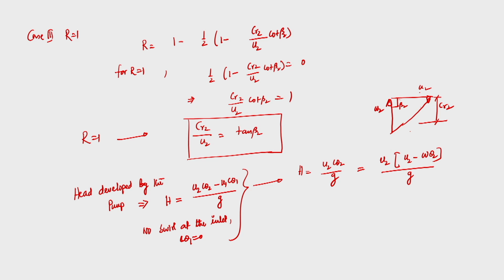W theta 2 is CR2 by tan beta 2, because if I draw the outlet velocity triangle like this, this is CR2, this is W theta 2, and this is C theta 2, this is angle alpha, this is beta.